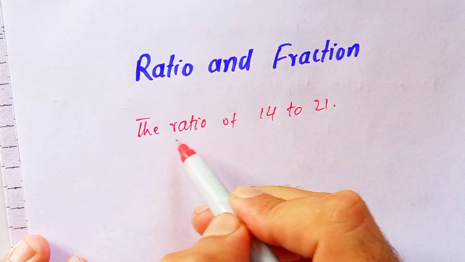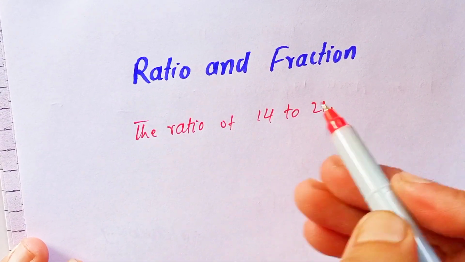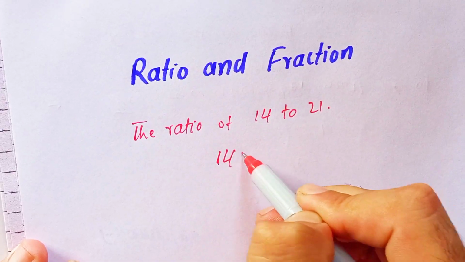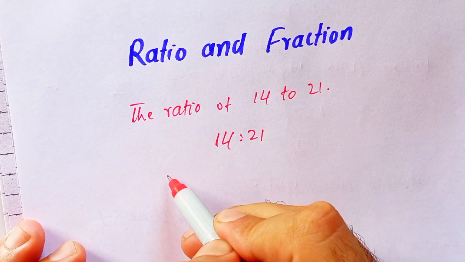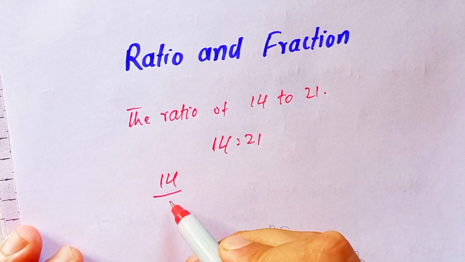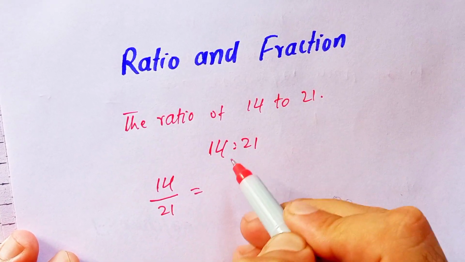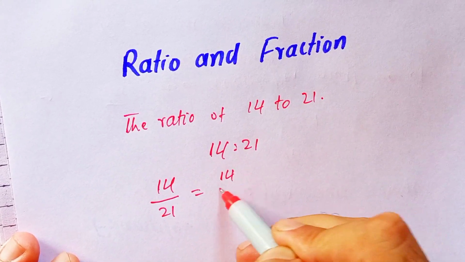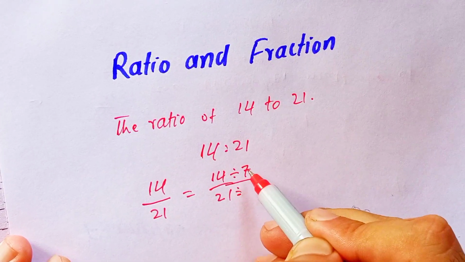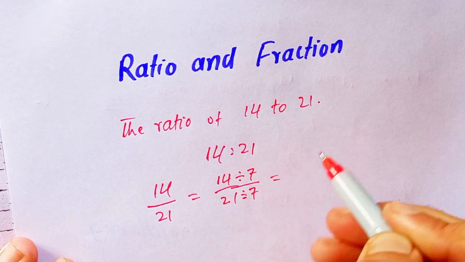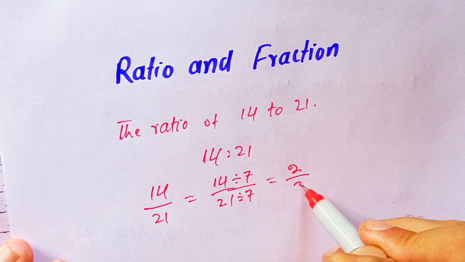For example, the ratio of 14 to 21 can be written as 14:21. It also can be written as 14/21. Divide the numerator and the denominator by 7, which is equal to 2/3.